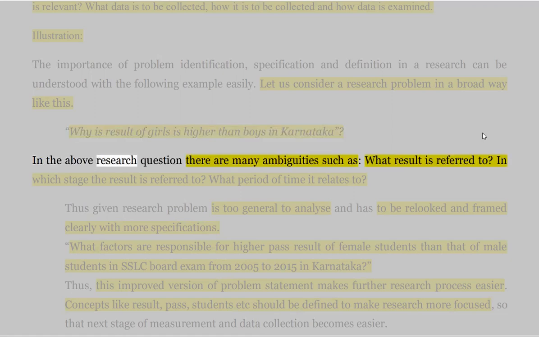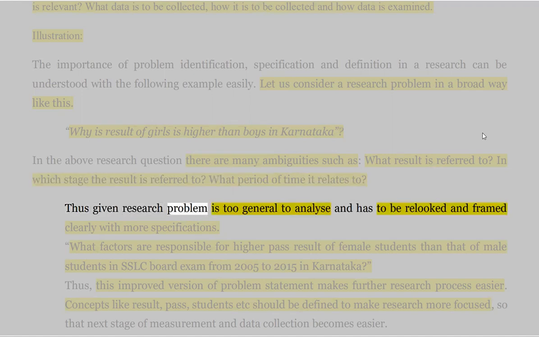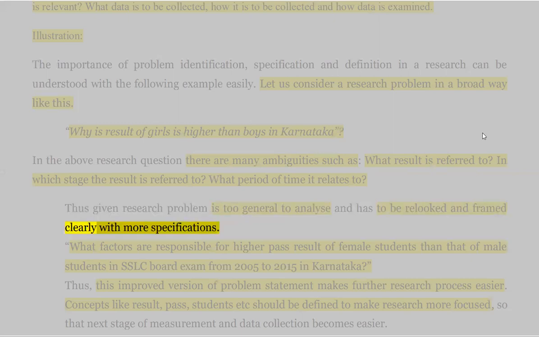In the above research question, there are many ambiguities, such as what result is referred to, in which stage the result is referred to, and what period of time it relates to. Thus, the given research problem is too general to analyze and has to be relooked at and framed clearly with more specifications.